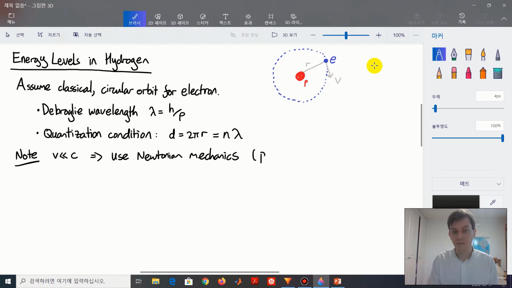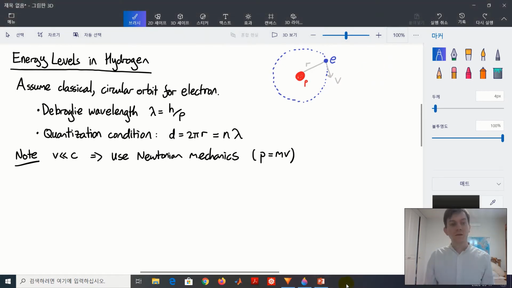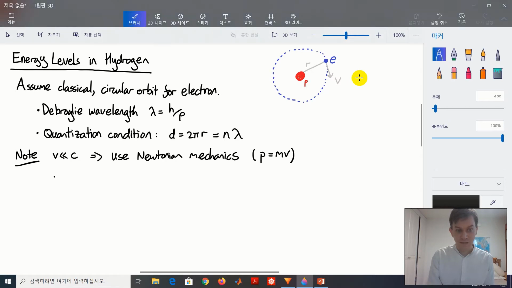Okay, so in particular, the momentum of an electron is just going to be its mass times its velocity v. So also from Newtonian mechanics, we know a formula for the force on this electron required for it to go around in a circle at constant speed. And that is given by the formula here.